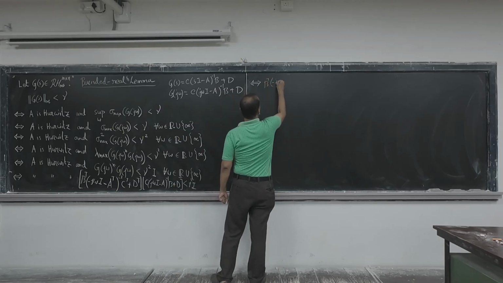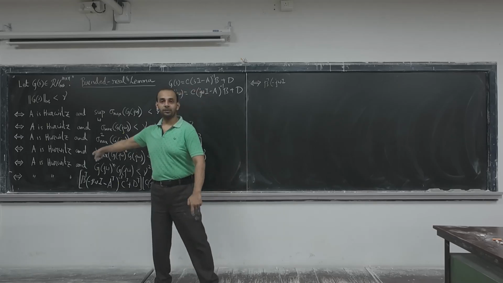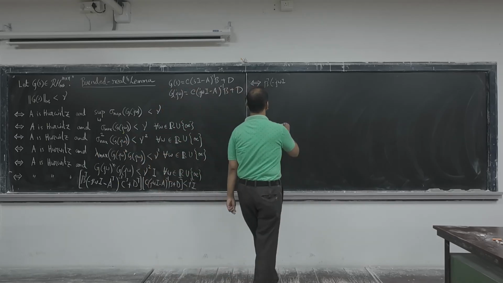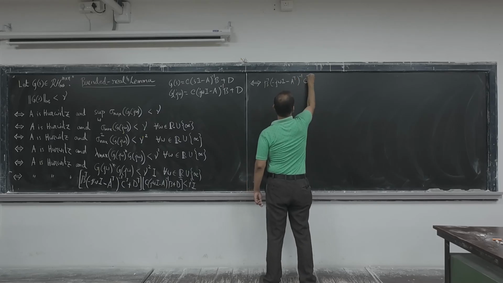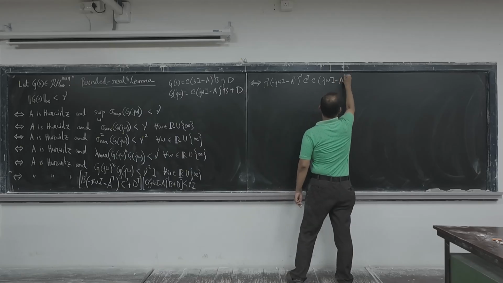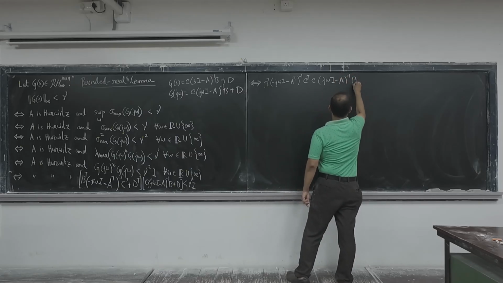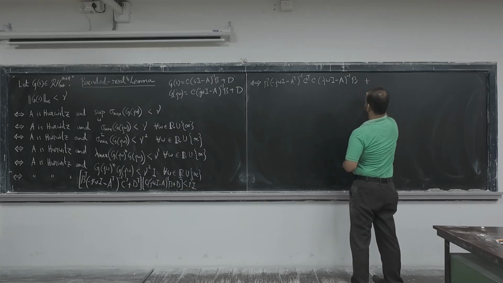B transpose minus j omega I minus A transpose whole inverse into C transpose into C, j omega I minus A whole inverse into B. Please don't forget to write that A Hurwitz is another thing. I'm writing only the mathematical part. Fine. So that is the first term.